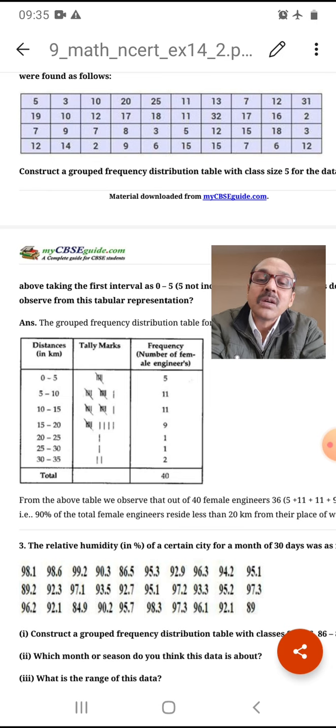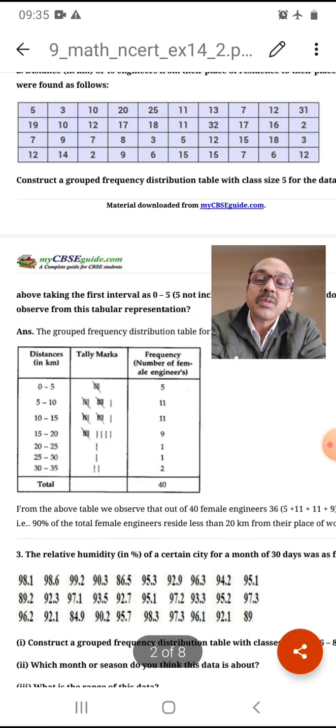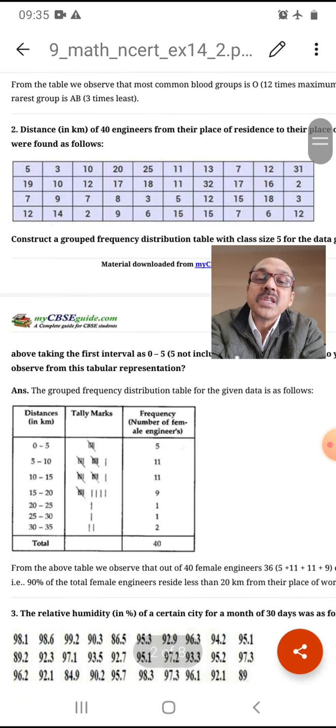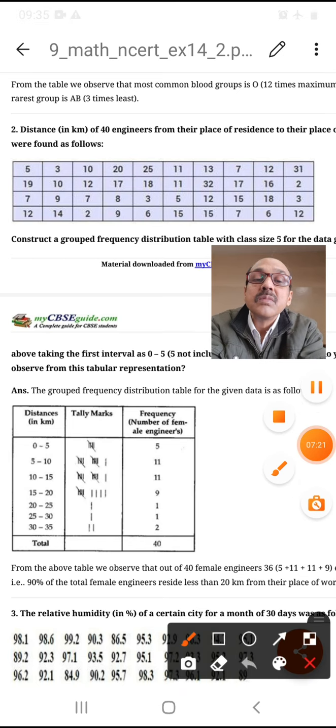Okay. Now you have to count. From 0 to 5, that means 5 is not included. That means included are 0, 1, 2, 3, 4. So from 0 to 4, how many numbers are present? You count from the given table. First is 5, 3, then 0 to 4.